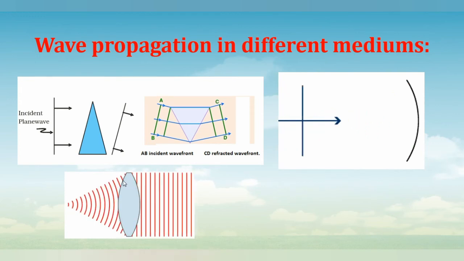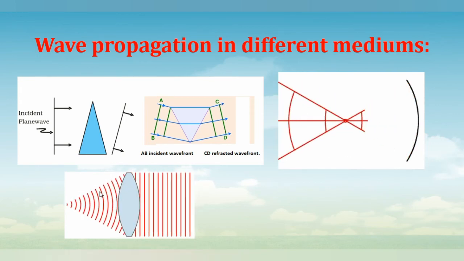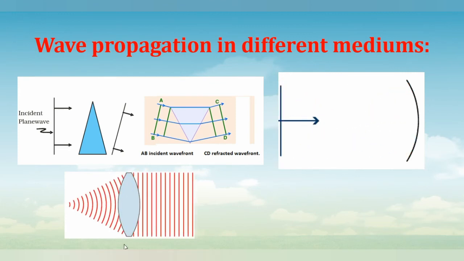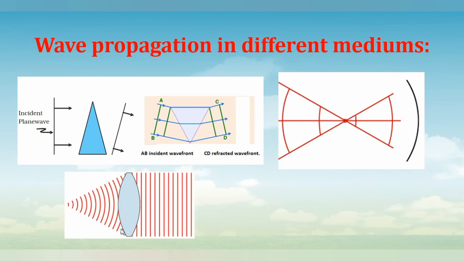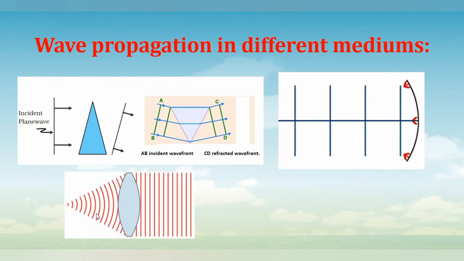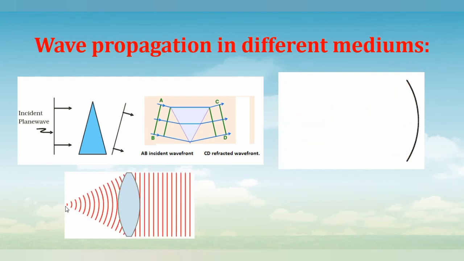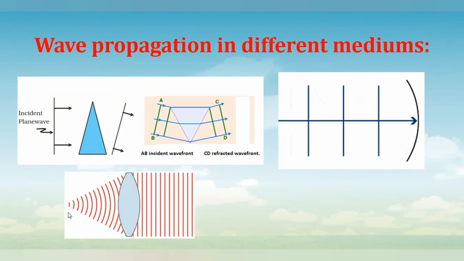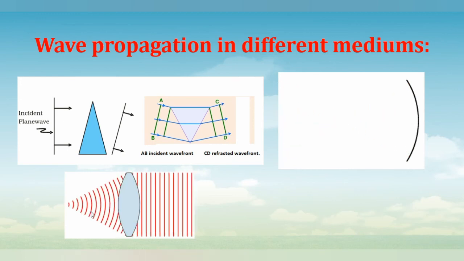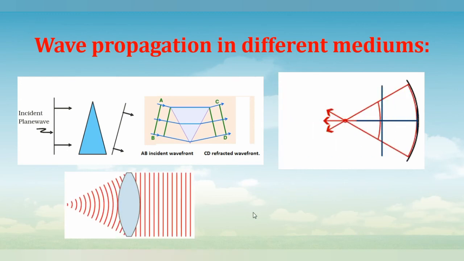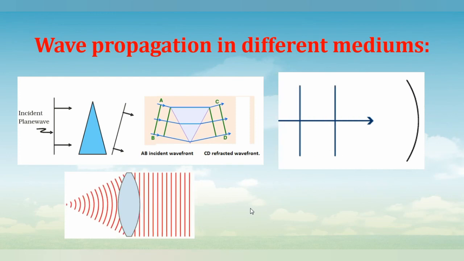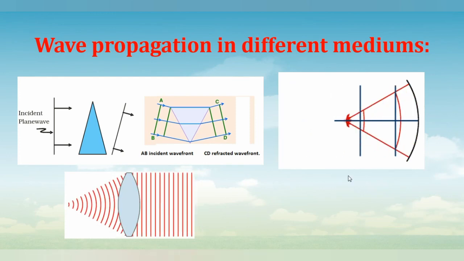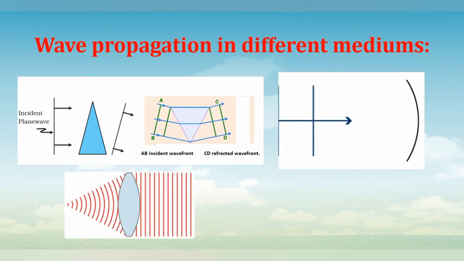That is why the refracted wavefront coming out of this double convex lens will also be a converging wavefront. See, this is converging, so it converges to some point, so that the image will be formed over here. This is what we learnt in ray optics. So using the wave concept, we can explain all these phenomena in different mediums.